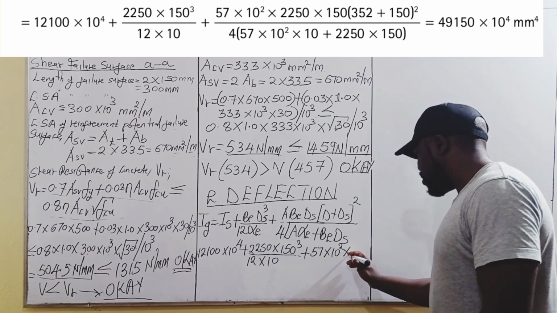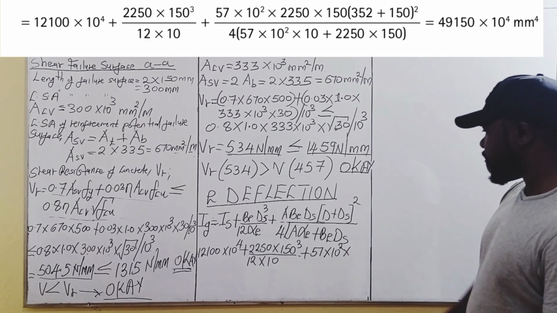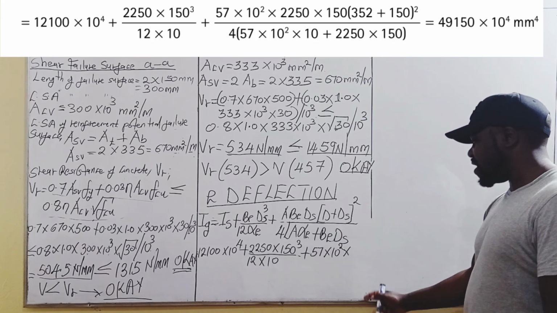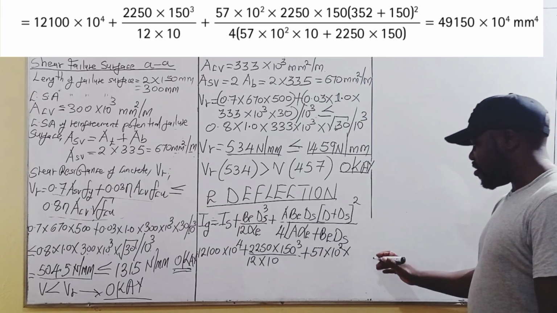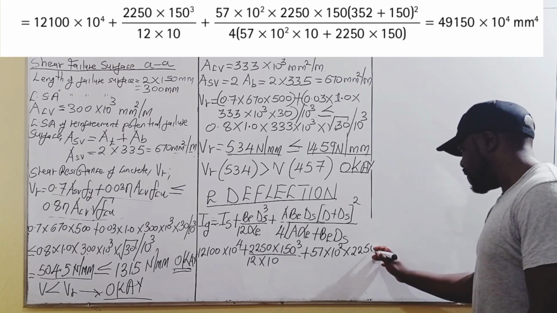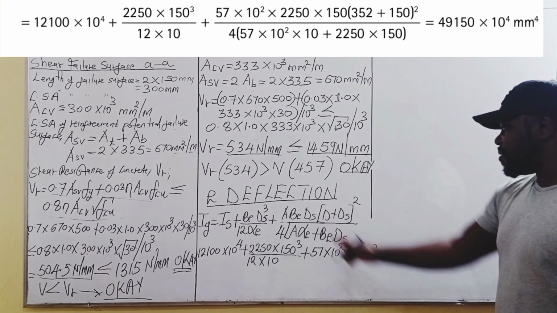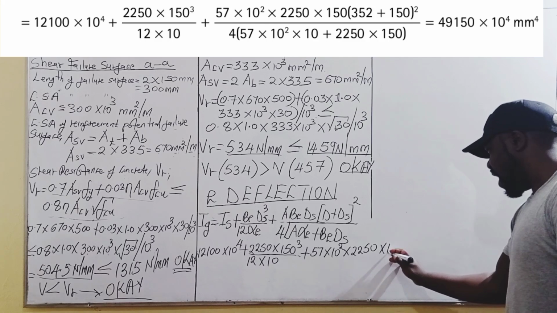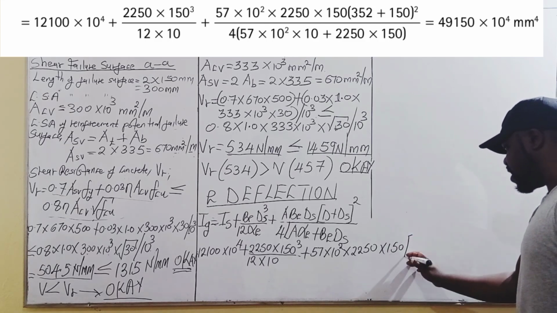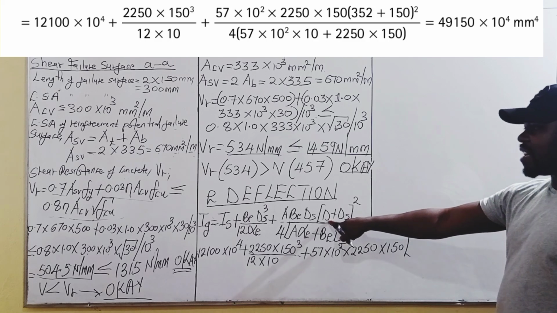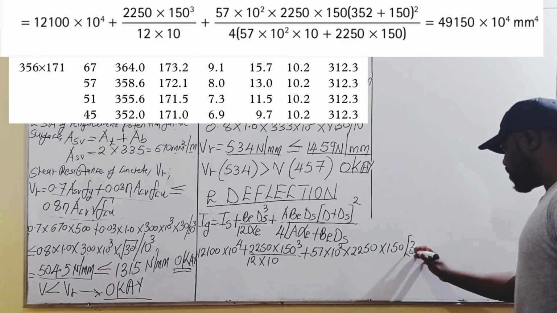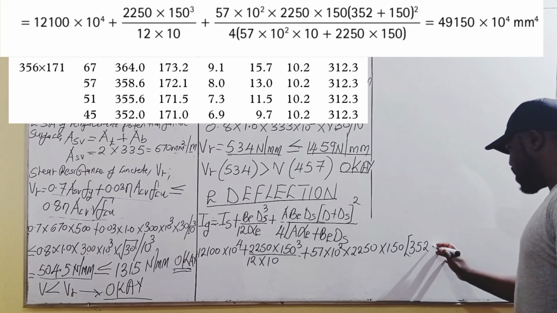Then we multiply this by BE, that is the effective width of our section, which is 2250. Then we multiply by the depth of our section, which is 150 millimeters, into D, that is the depth of the flange obtained from Appendix B, that is 352 millimeters.